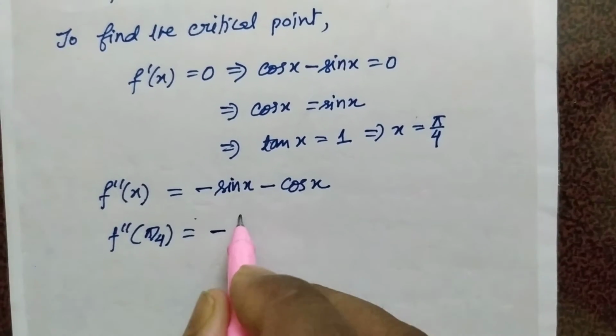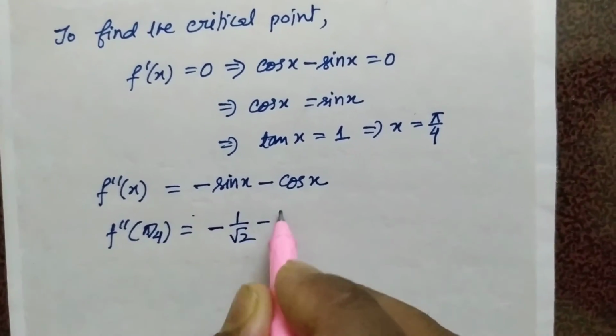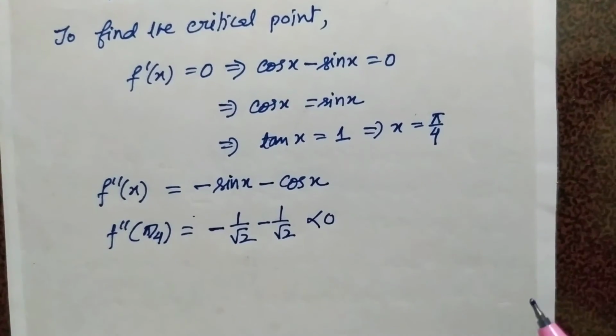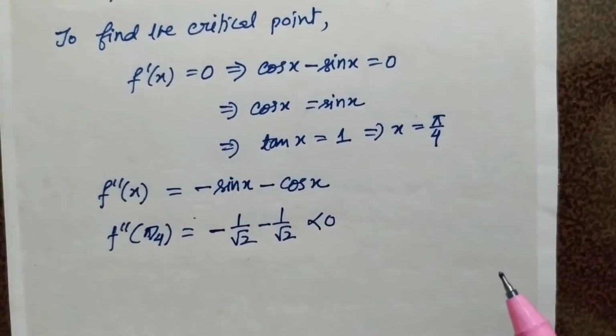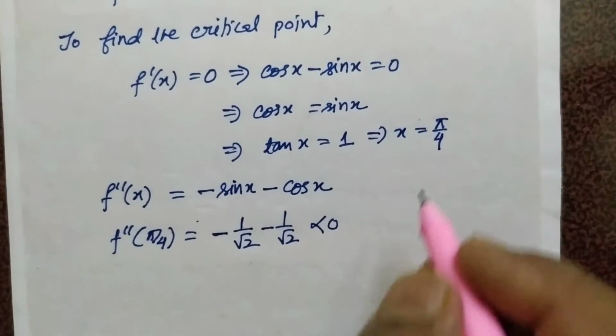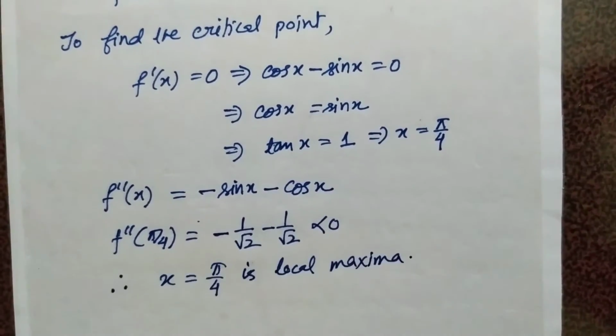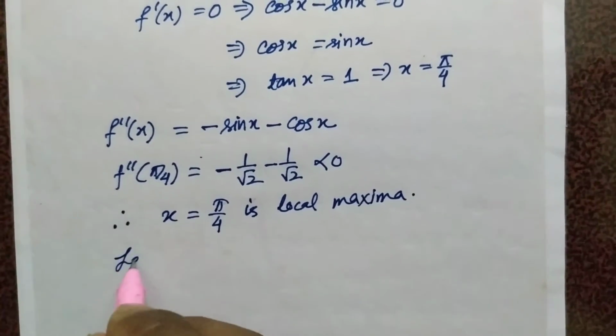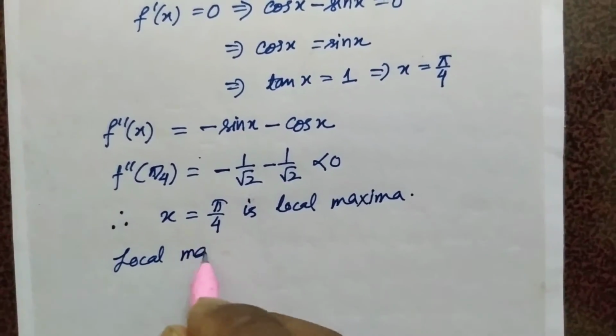So finally sin pi by 4, 1 by root 2, minus cos pi by 4, 1 by root 2, this whole quantity is negative. When the second order derivative is negative, then what happens? This value is the local maxima. So once we get the local maxima, we can write down the local maximum value.